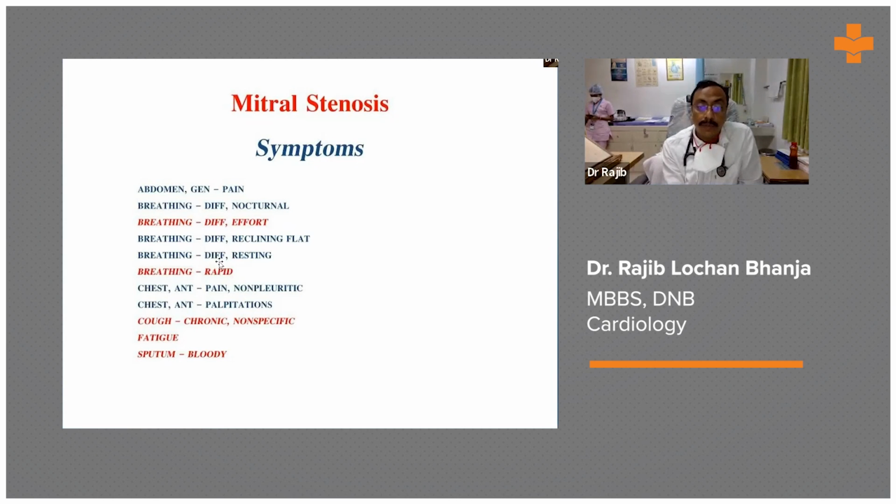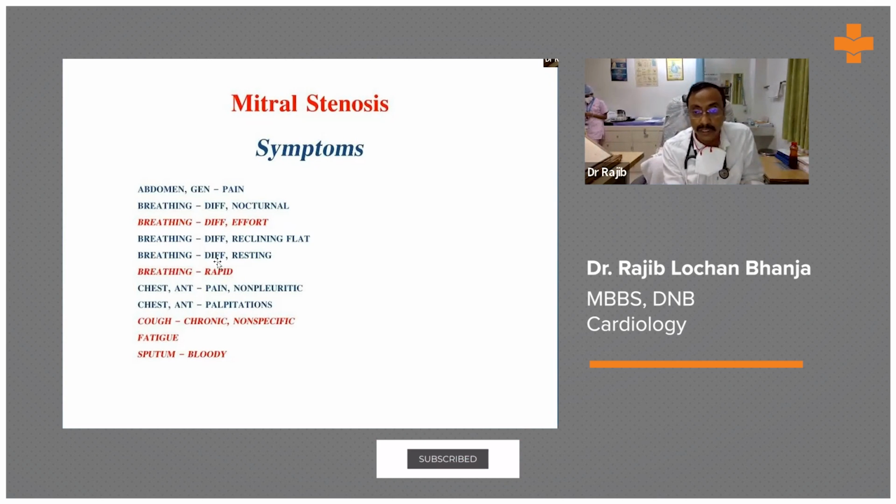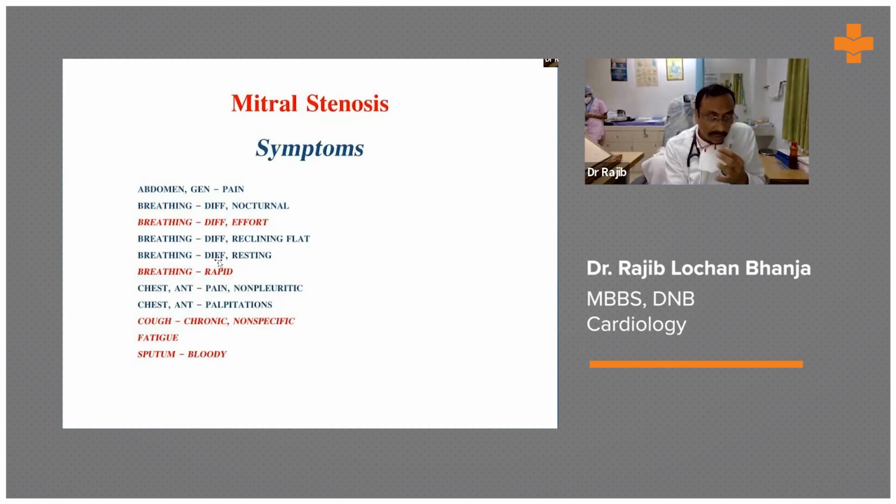These are more common in the low socioeconomic group because of the history of rheumatic heart disease, streptococcal infection, joint pain, fever, and fleeting arthritis. Sometimes patients give no history of joint pain or fever, only the past presentation that I described.